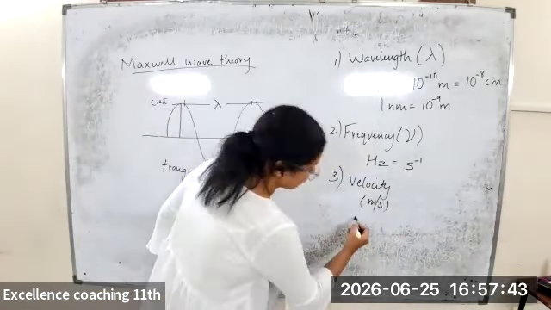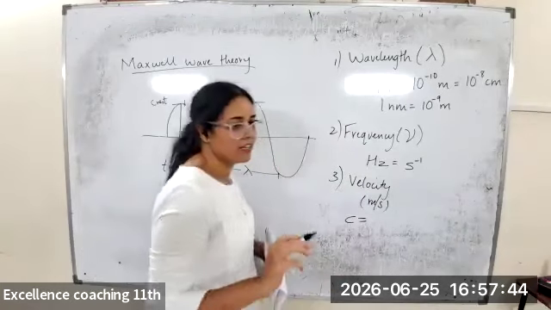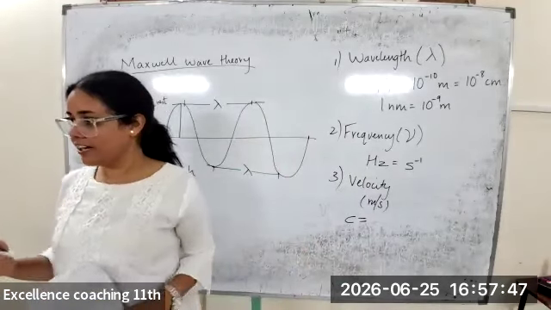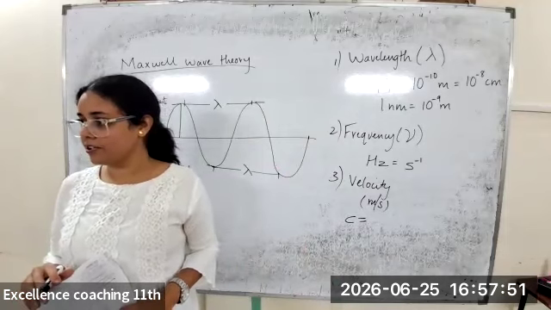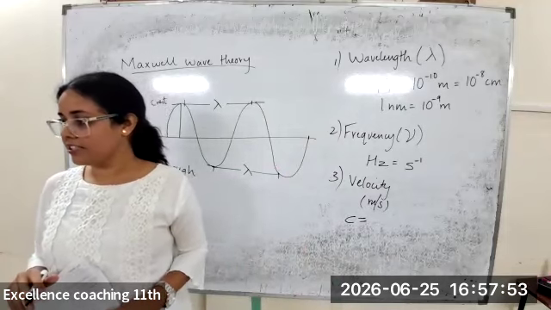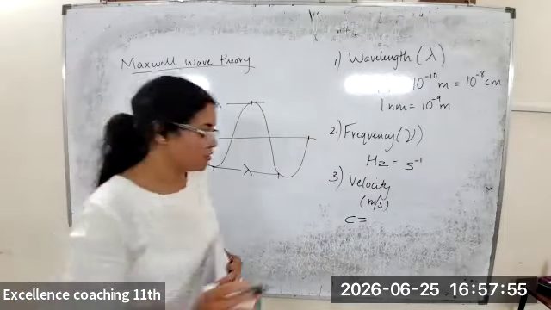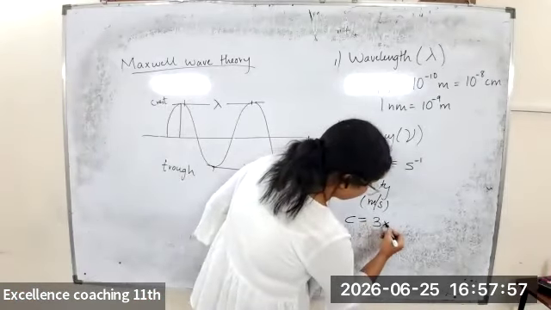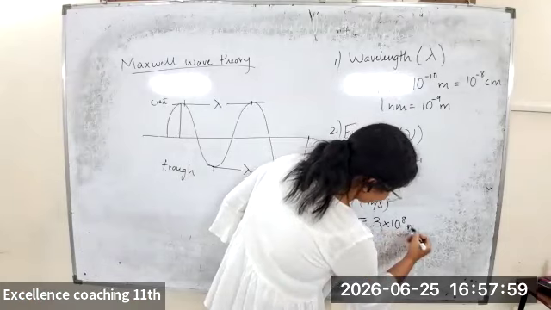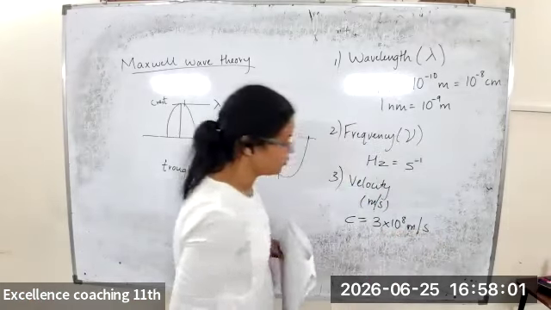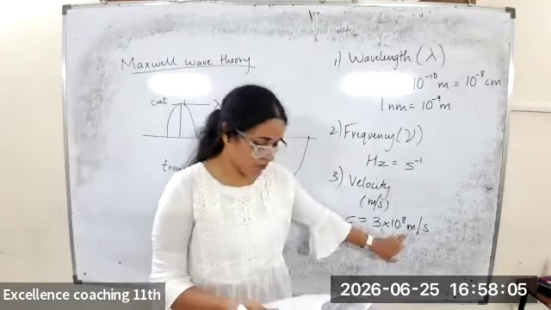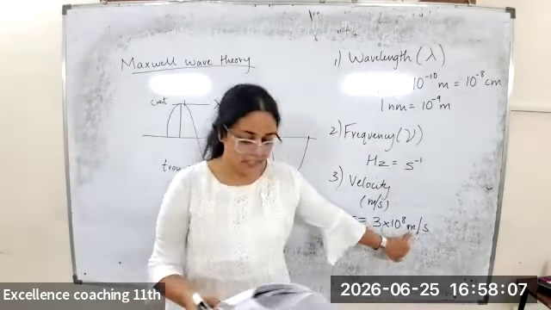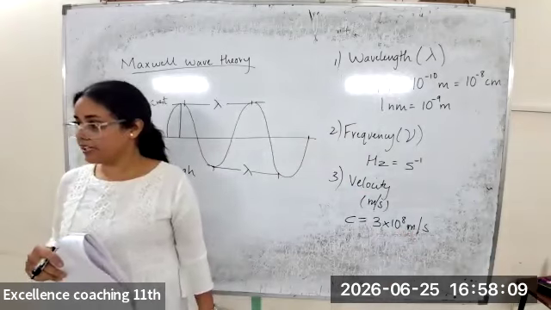We write C. You must have heard of it, and you will not have any problems from your 10th standard. So C we write as 3 into 10 raised to 8 meters per second. If I want to write in terms of centimeters per second, then it will be 10 raised to 10.